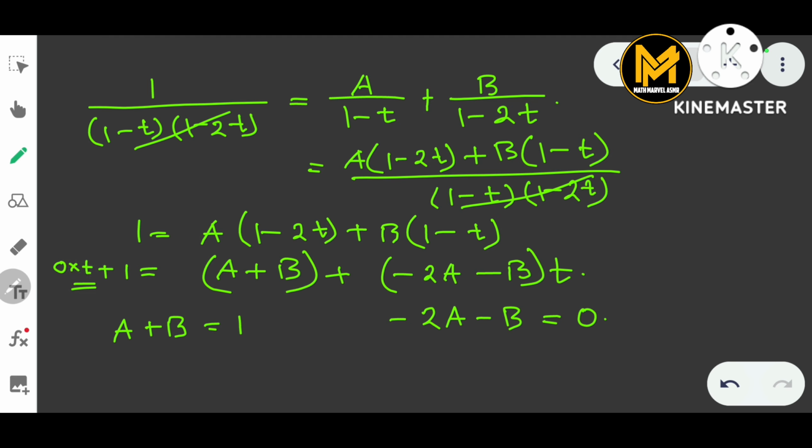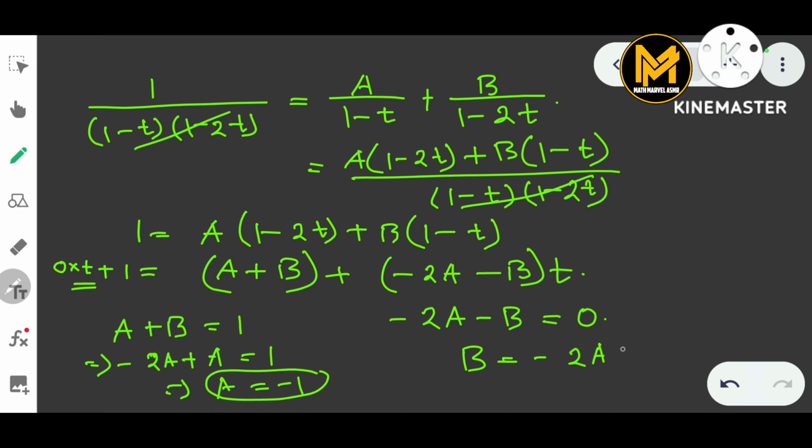So the coefficient will be 0. So from here we can write b equals minus 2a. Put it here, we will get minus 2a plus a is equal to 1. So a is equal to minus 1. We got a. Now put the value here, we will get b equals 2. So we got a and b. Now we will put a and b here.